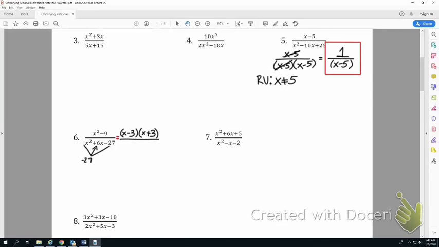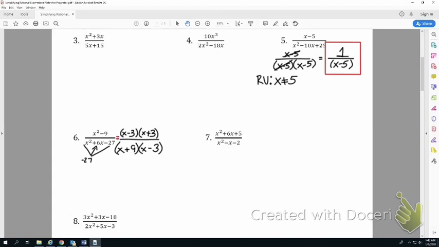What factors of negative 27 add up to positive 6? What are some factors of 27? Okay, 9 and 3. So, if it's negative 27, one has to be positive. Negative 9 and positive 3. No. Switch those. So, positive 9 and negative 3. 9 minus 3 is going to be positive 6.